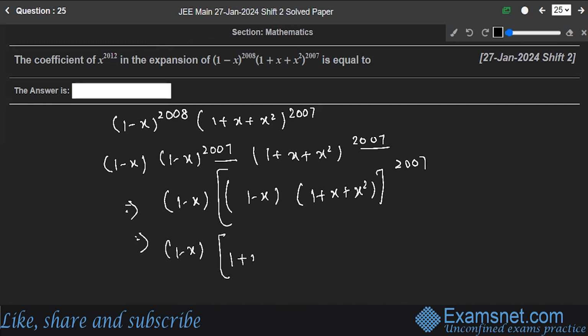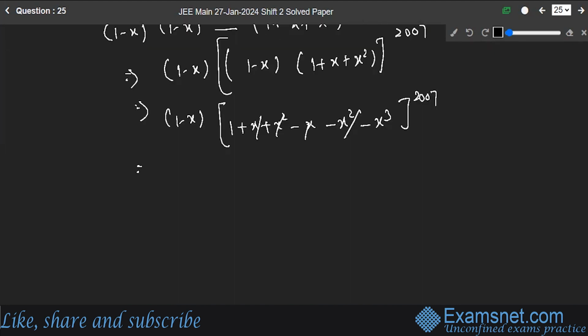This will be 1 minus x into 1 plus x square, raised to power 2007, is equal to 1 plus x square minus x minus x cube, power 2007. They will cancel and you will have 1 minus x cube to the power 2007. So let's expand this.